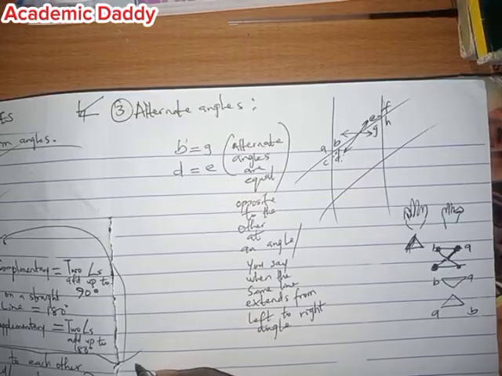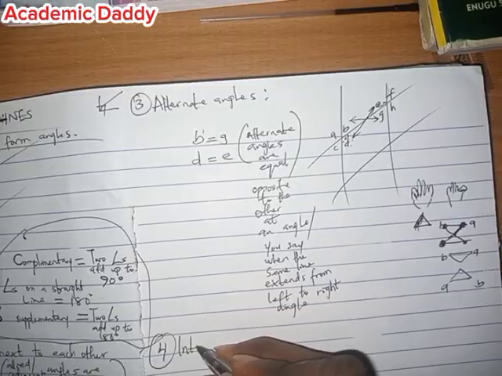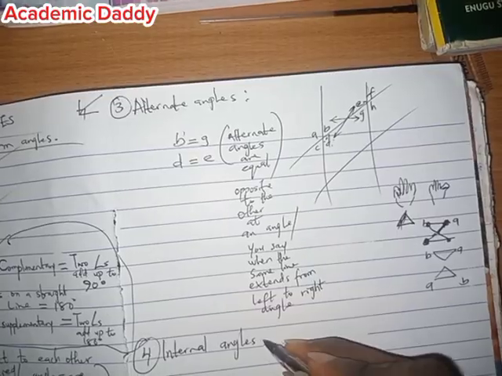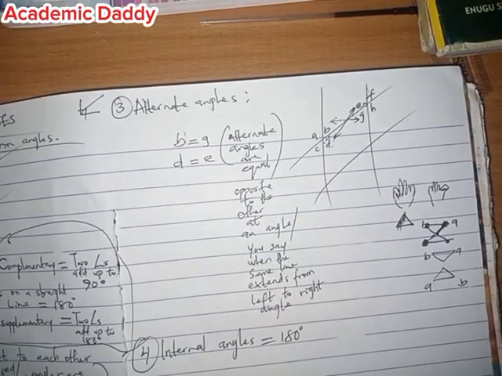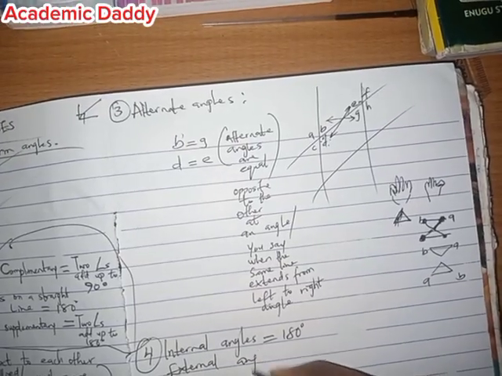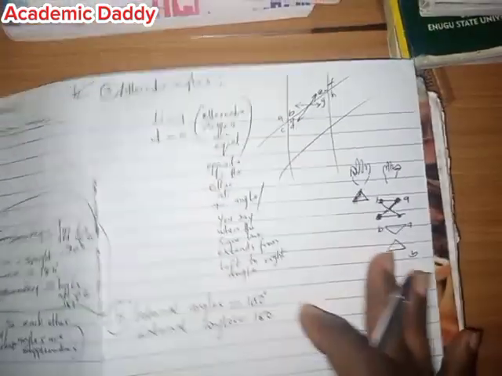So the next one: internal angles equal 180 degrees, external angles equal 180 degrees. This is the shortcut of everything you are doing in geometry.